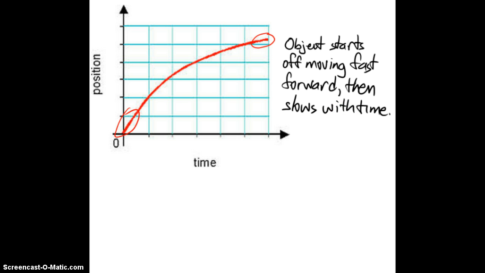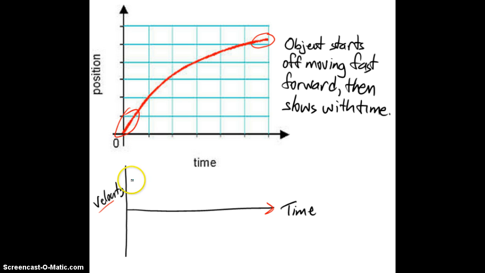Let's go ahead and make the velocity versus time graph for this one. Now, except for position and time, I don't have any units associated with this, so I know my final slope will be in position over time, but I don't know what the units are, so I'm just describing it as velocity, and along this axis, again, we'll have time. Initially, we have a high positive slope, which will mean I have a positive velocity.